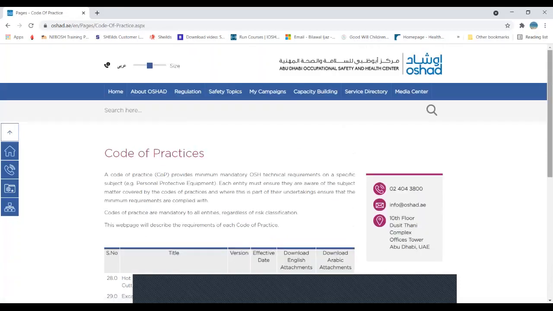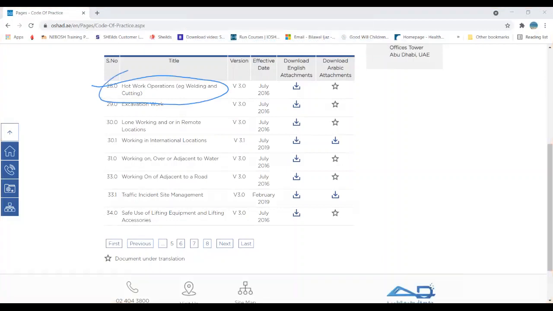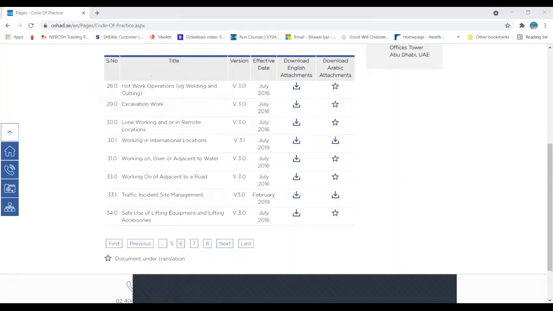There should be one regarding welding, I think. Hot works. So there you go. You can find code of practice number 28, and this is the hot work operations for welding. So there is the code of practice that you need to refer to.